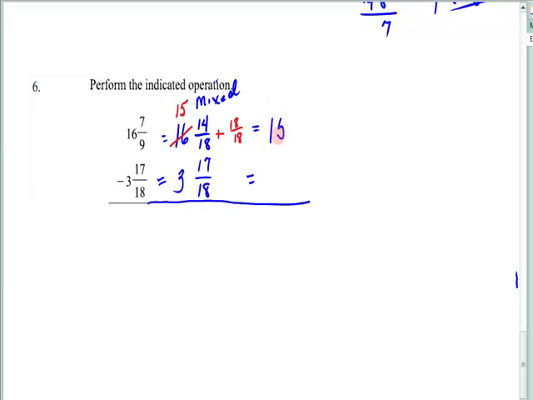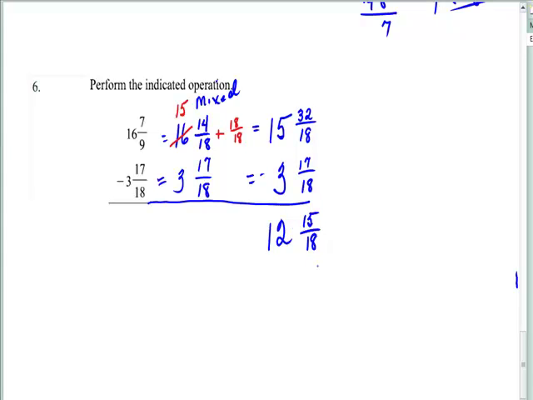I have now 15 and add 14 and 18 for 32/18. Subtract 3 and 17/18. Okay, when I take 32 minus 17, I get 15/18, and subtract here for 12.